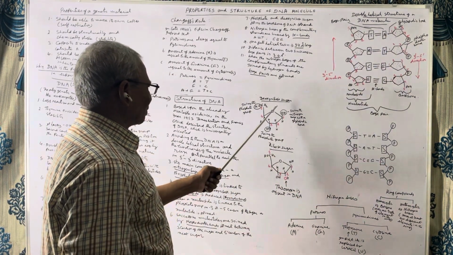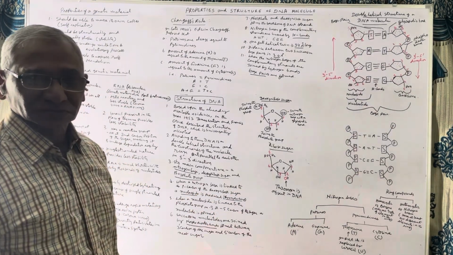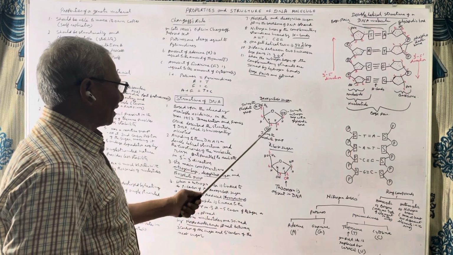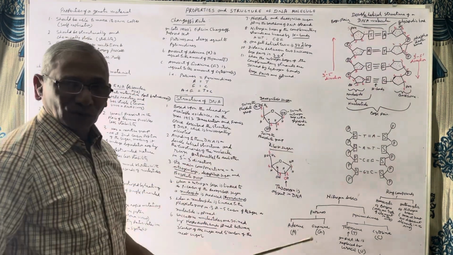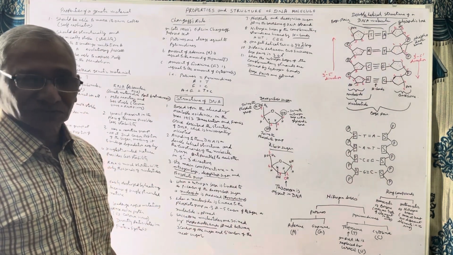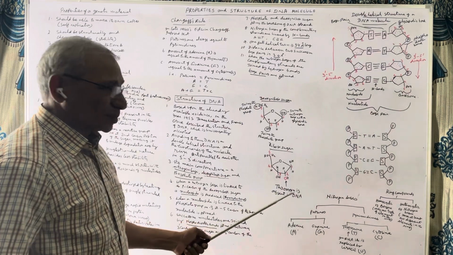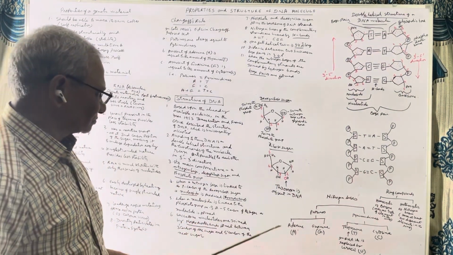See, this is deoxyribose sugar. This is ribose sugar. I will be talking more about them later on. For the time being, remember, in the DNA, deoxyribose pentose sugar is present. Whereas in the case of RNA, ribose sugar is present, or ribose pentose sugar is present.